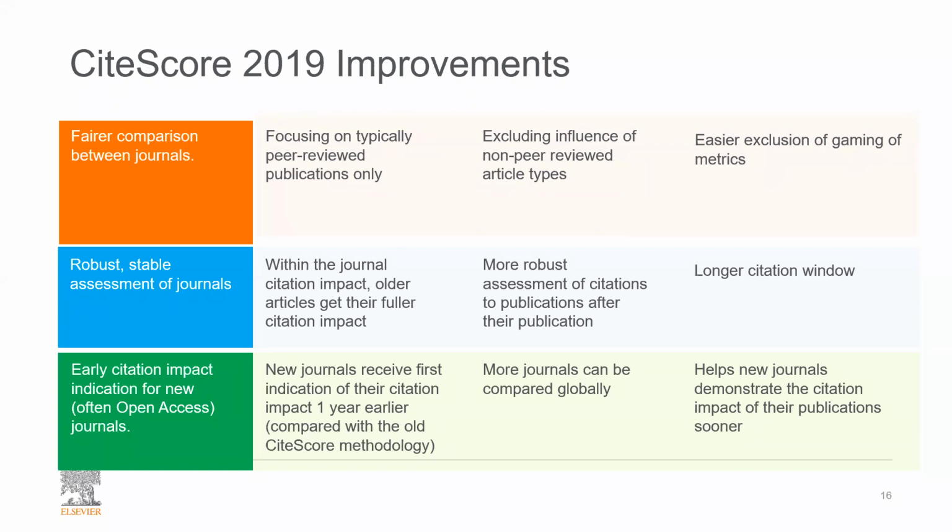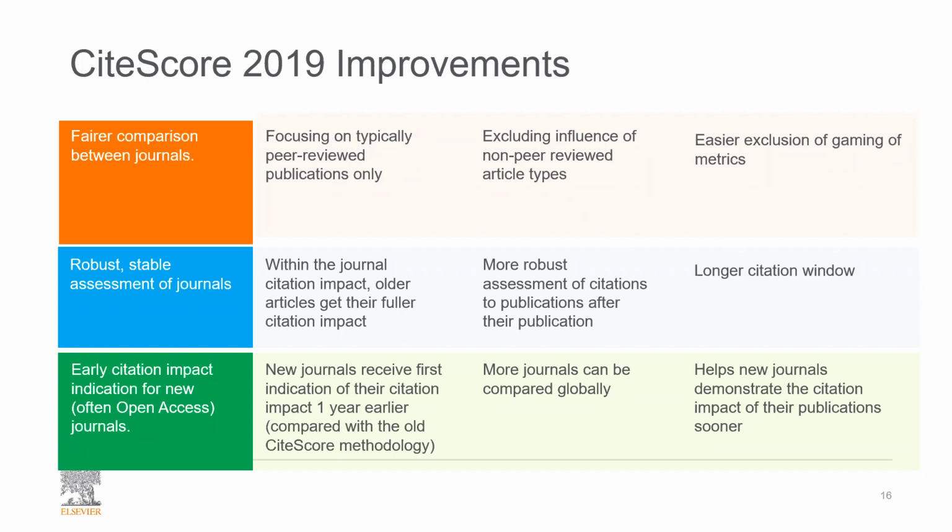As I mentioned to you, it takes a longer time for people to notice your paper first, it also takes a longer time for them to cite your paper, and eventually for database companies like us to track the cited data. So it's a more robust assessment of citations to publications after they are published, and we provide a longer citation window as I showed you just now.